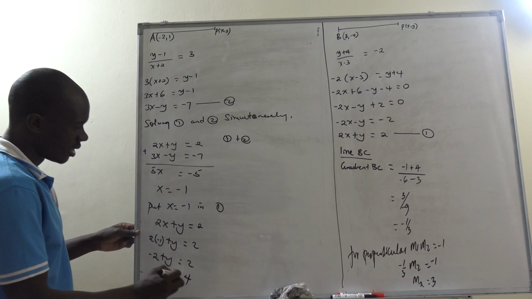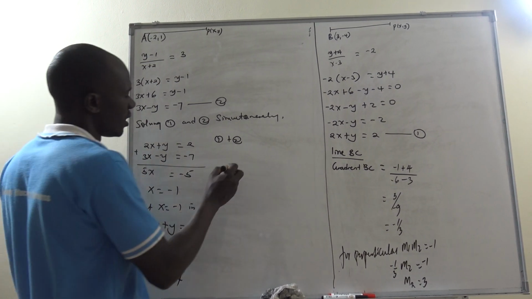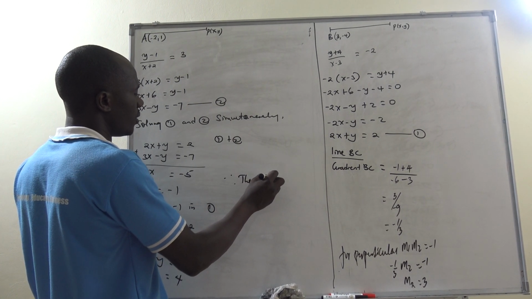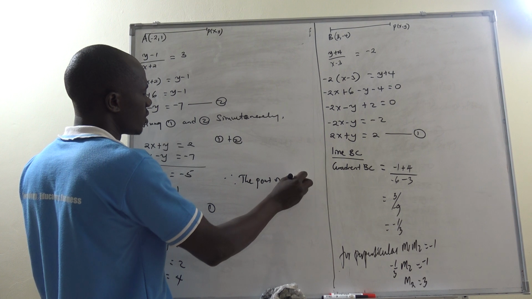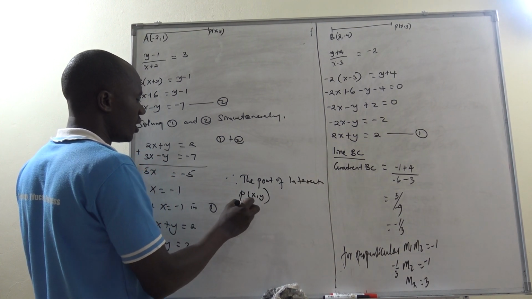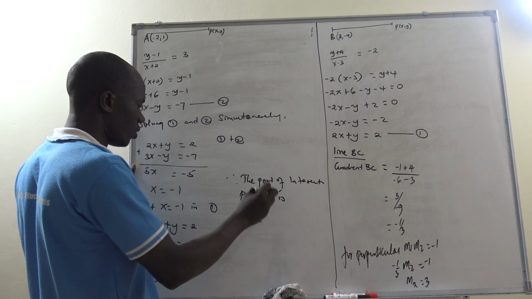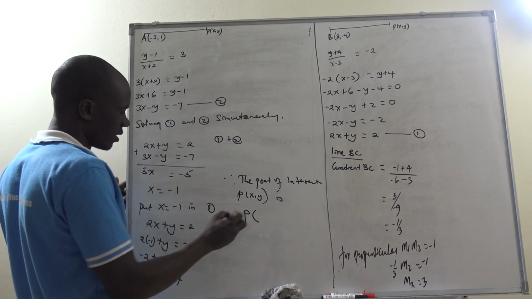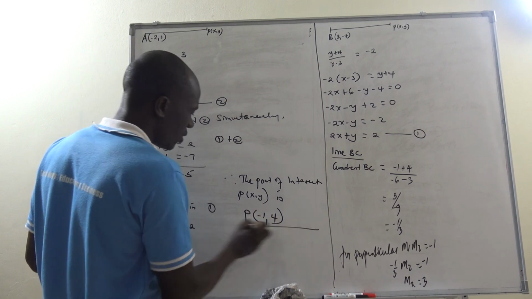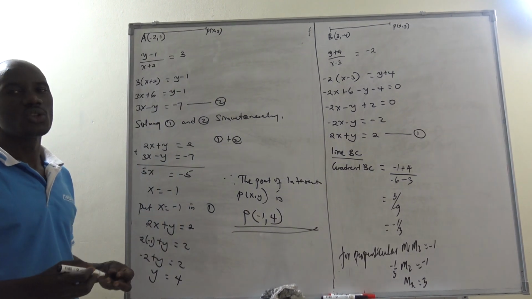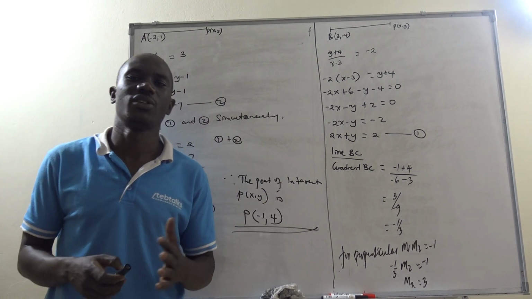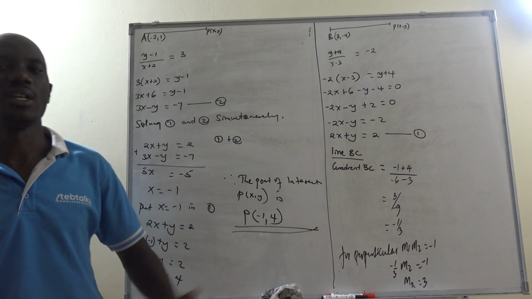When that goes across, y equals 4. We say therefore the point of intersection, P, which was (x, y), is P equals (-1, 4). So this is the point of intersection of the altitudes of those points.